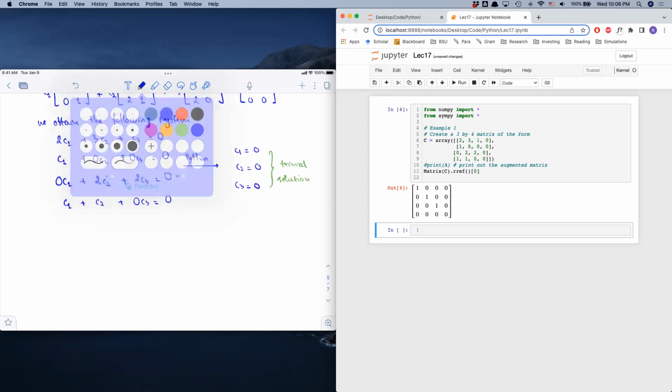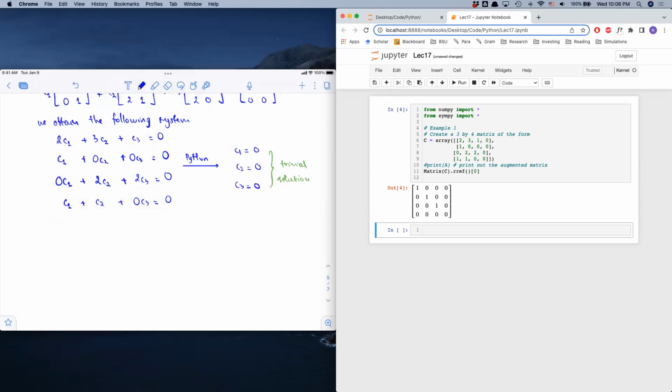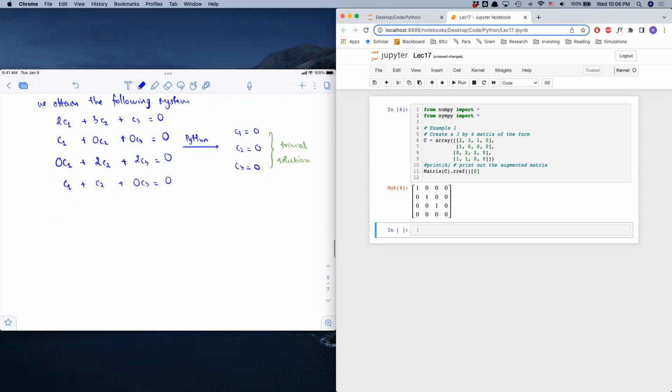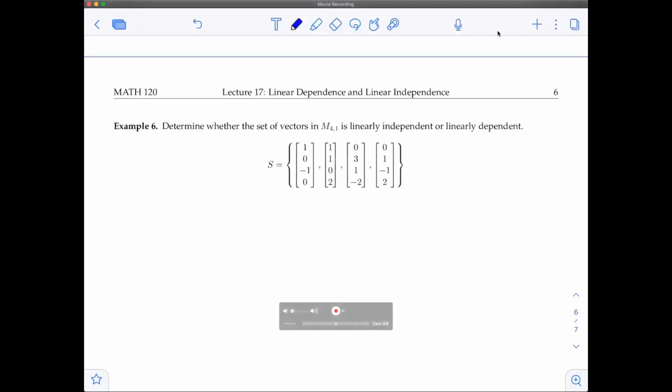Because we obtained only the trivial solution for C1, C2, and C3, this shows that the set S is linearly independent. Right. Going to move on to the next example.